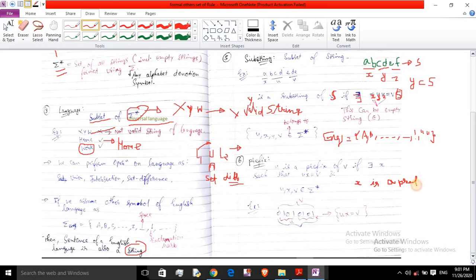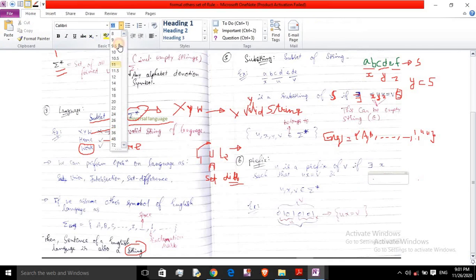X is a prefix. Sorry, I am facing some problem while writing it. Just wait. I will type the sentence, so it will be easy.